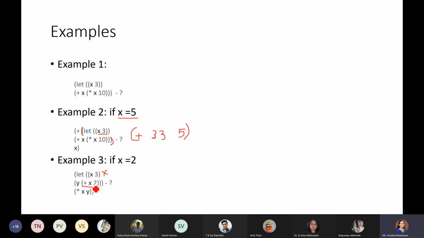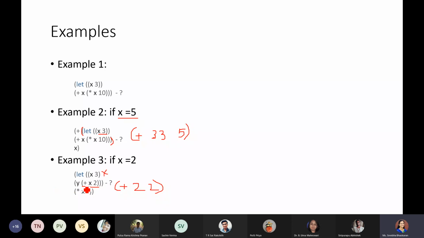So be careful here. This x will be the global variable, which is 2. So you will have 2 plus 2, and y will be assigned the value 4. It won't be 5, it will be 4.